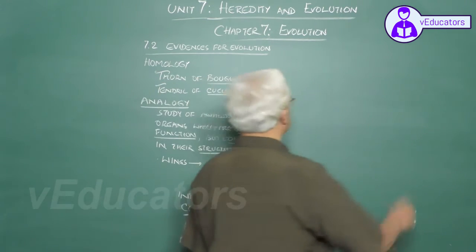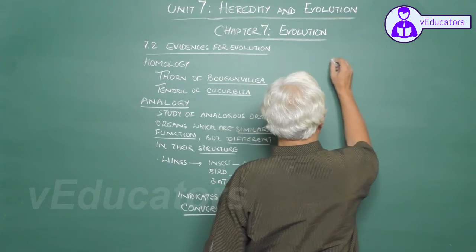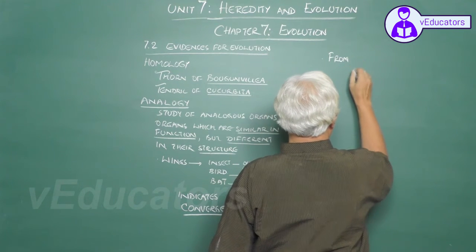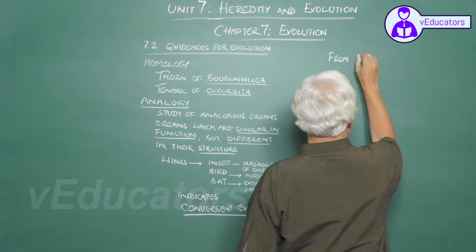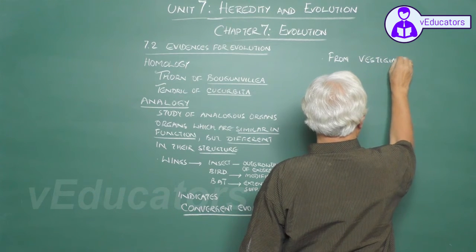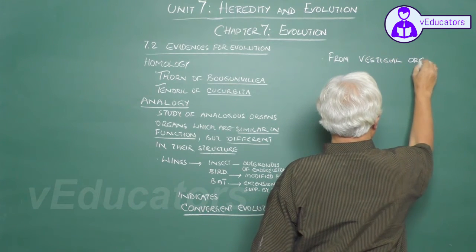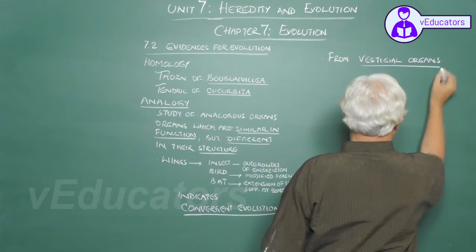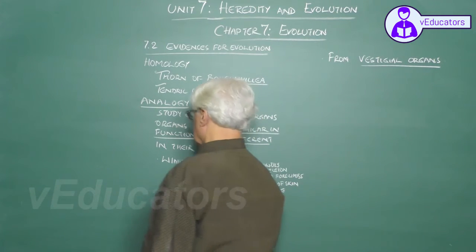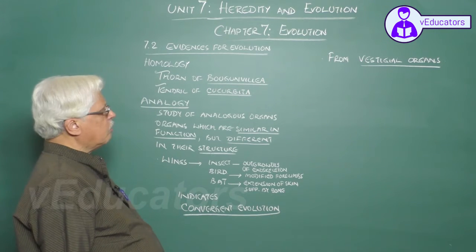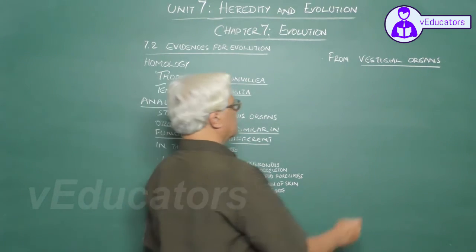Then, another type of evidence from morphology comes from vestigial organs. What are these vestigial organs?